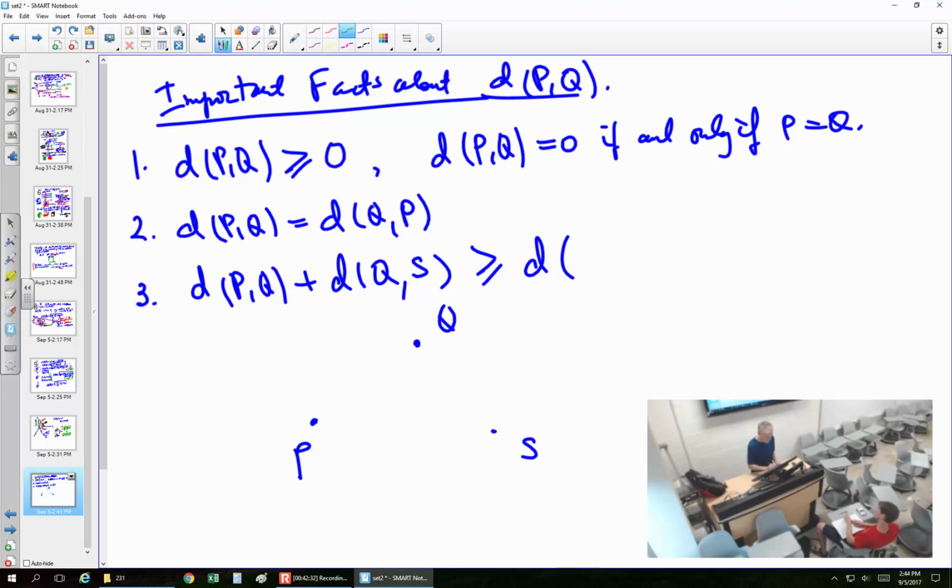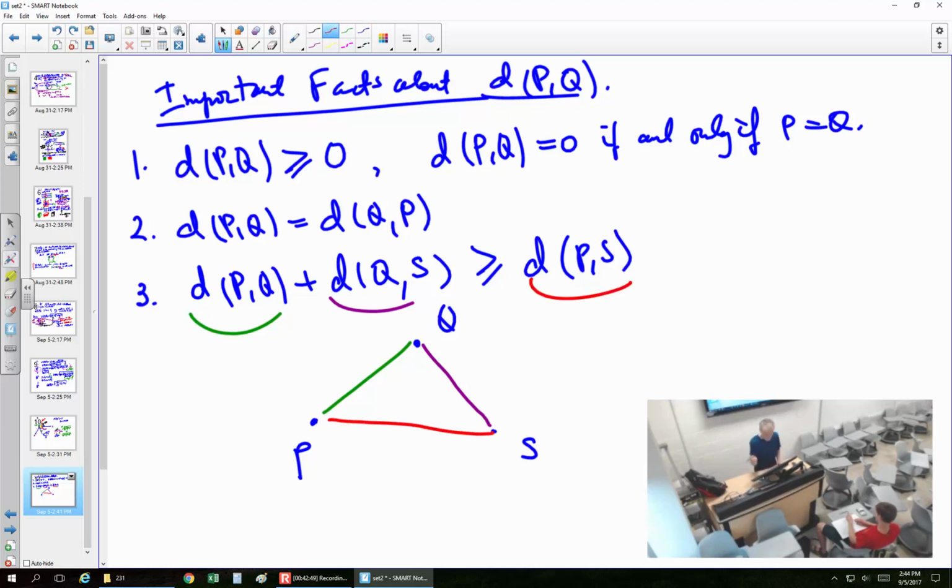So this is the first term over here, this is the second term from Q to S, and it is larger than or equal to the last one, PS. It's called the triangle inequality.